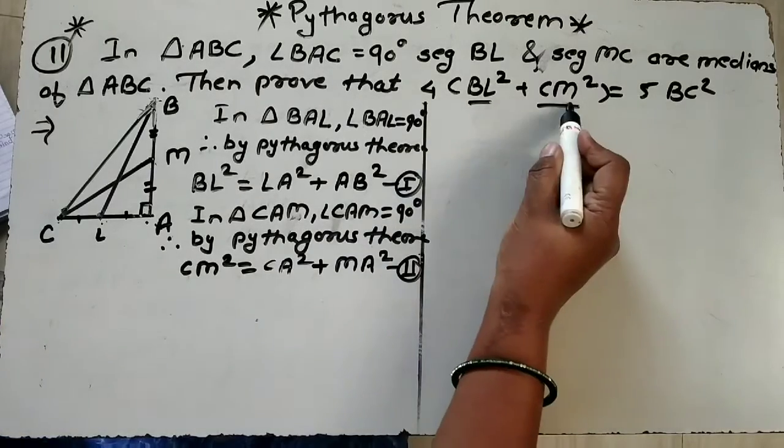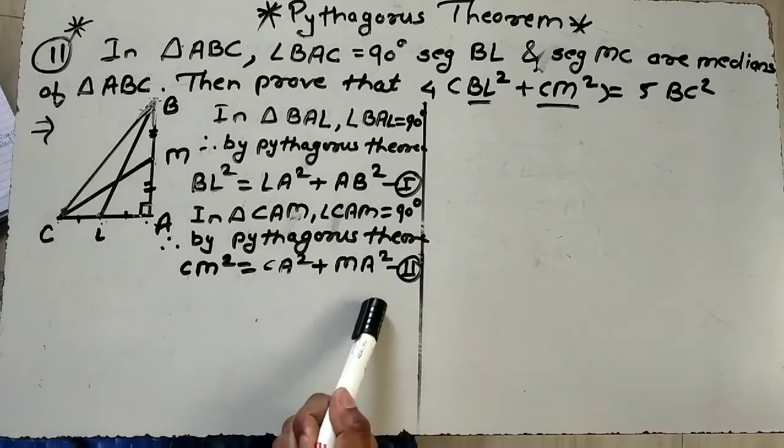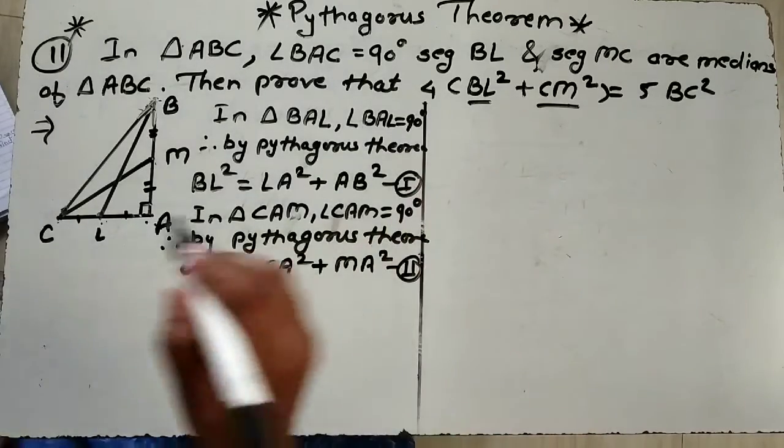Here we have BL square and CM square, so we will add the first and second statements to get the LHS of the equation.